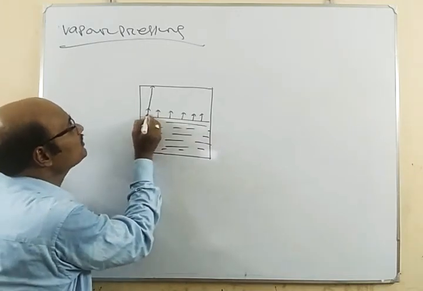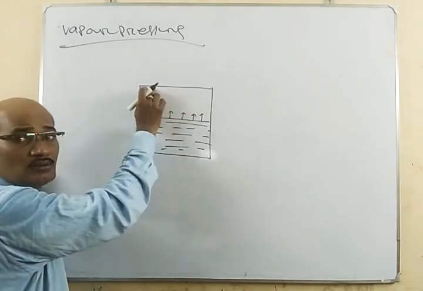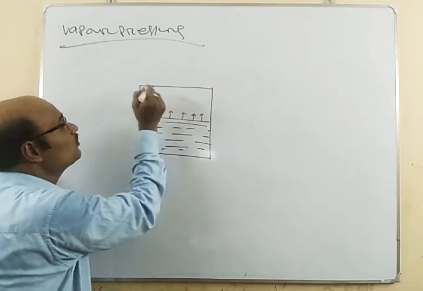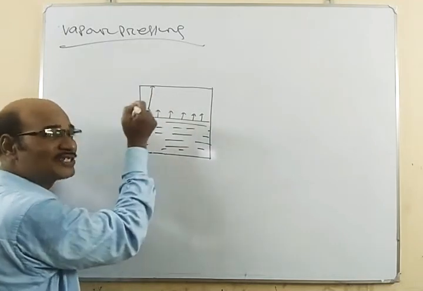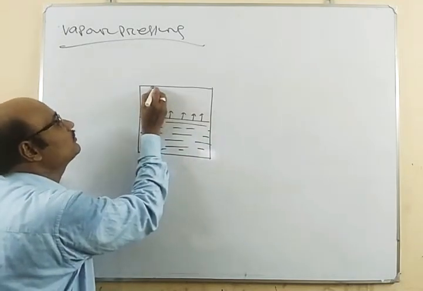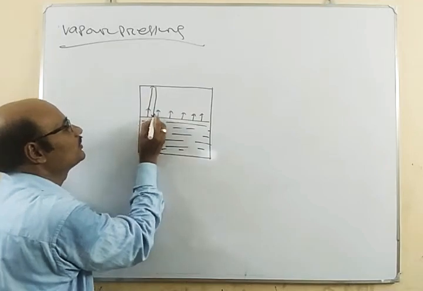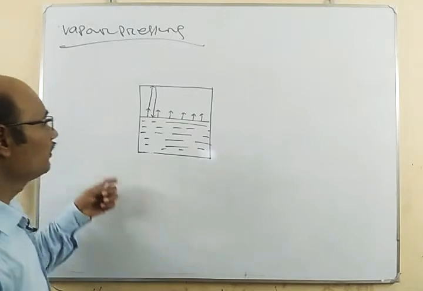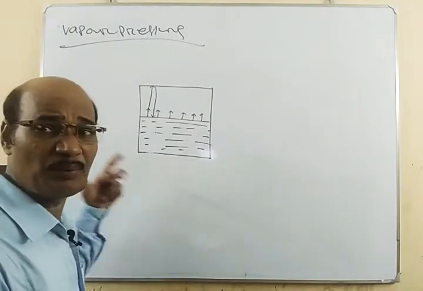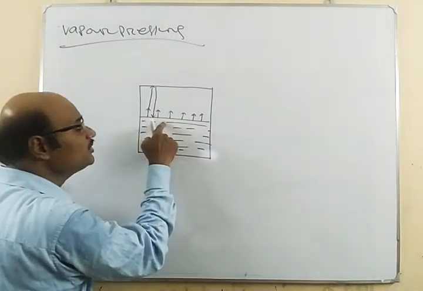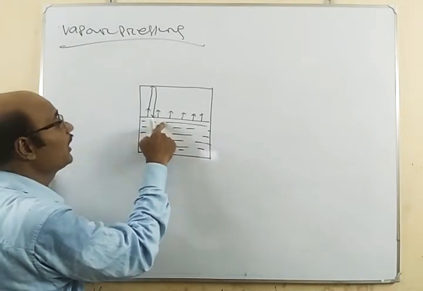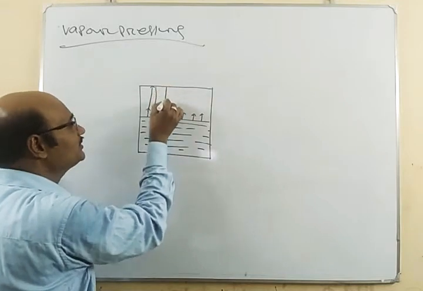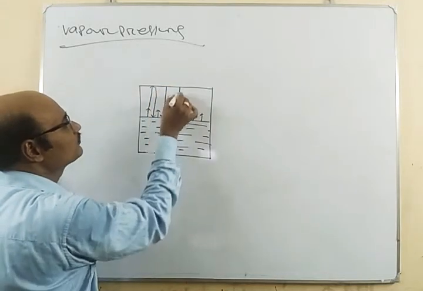So when this vapor is coming and striking on this wall, losing energy, these water vapors are condensing again and coming as what? As liquid again. So we have many water vapors forming on the surface of the liquids and going there, and gradually some water vapors are condensing and coming again as liquid.